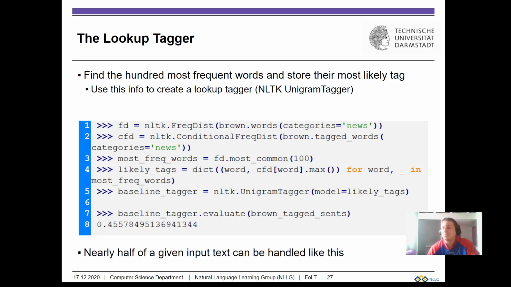You can assume that these first 100 words or so would make up 50% of all tokens in a language. So you could already deal with 50% of tokens in a language by just considering the 100 most frequent words, and you store their most likely tag.